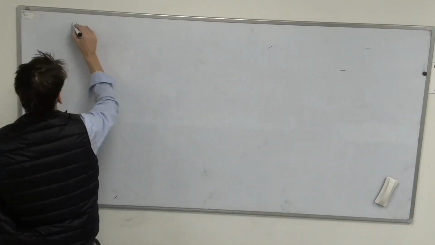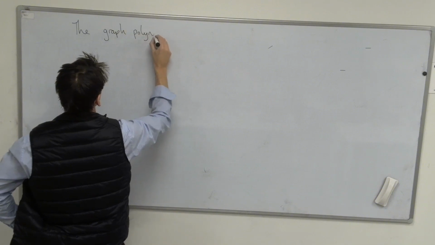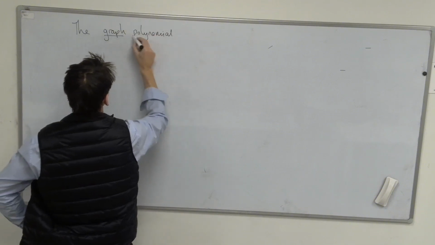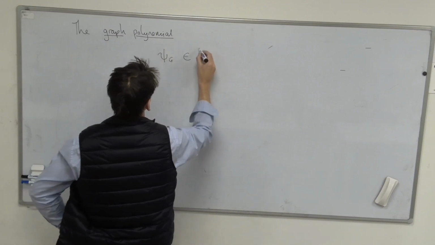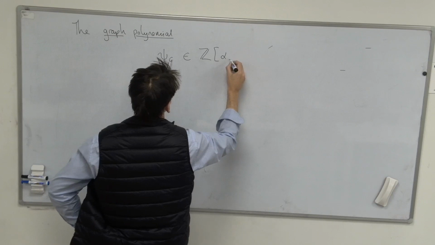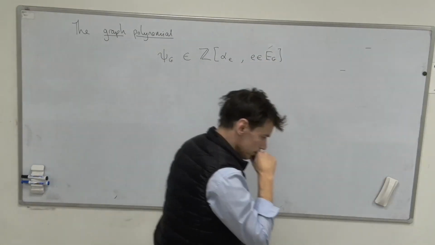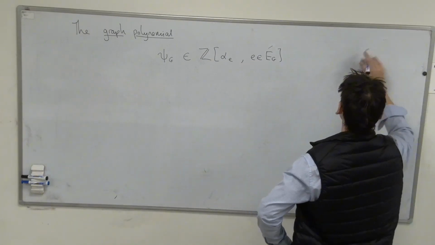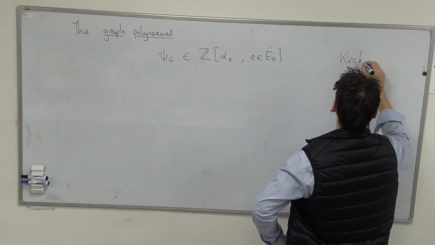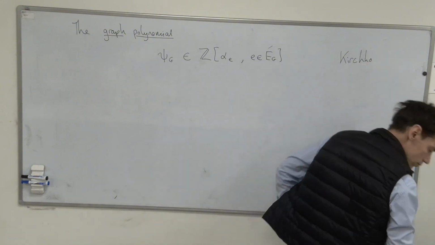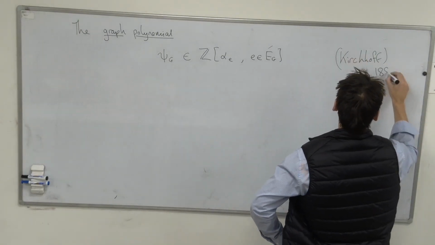And then we define the graph polynomial, denoted Psi_G, which is going to be a polynomial in the edge variables of the graph. It was defined by Kirchhoff, I can never remember how to spell it, he's got two H's and two F's, I think, in about the 1850s.